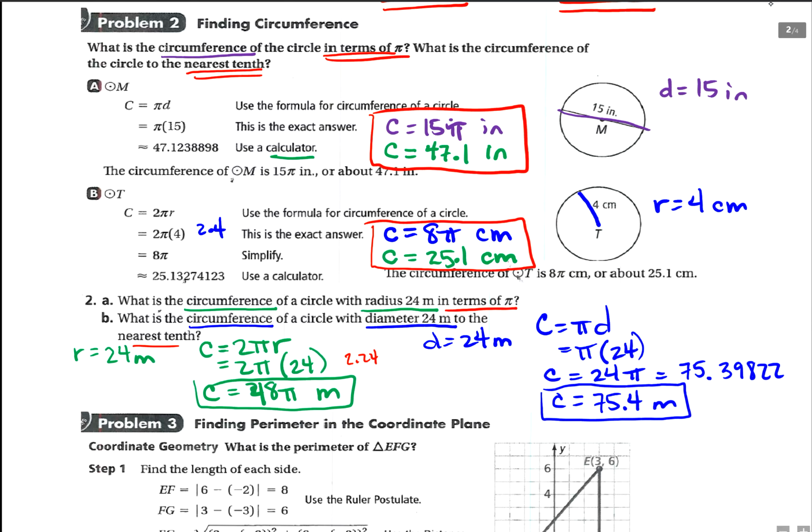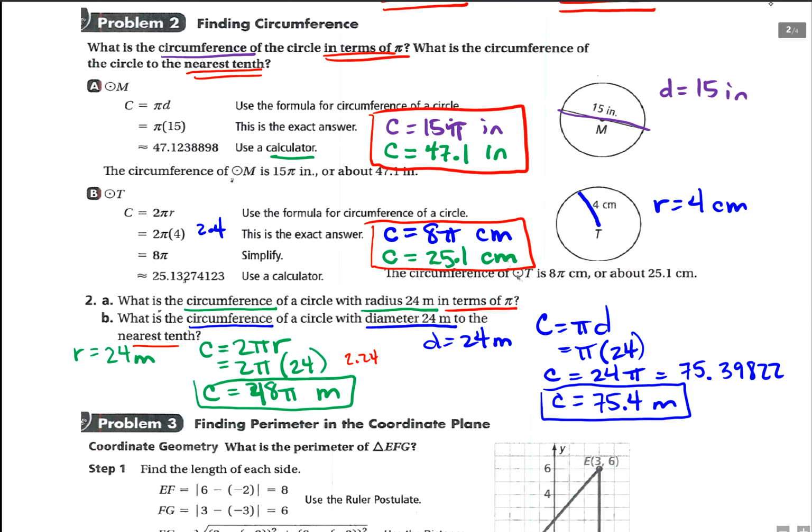Right? In the next problem, I'm asked for the circumference of a circle with a diameter of 24 meters, and this time I want it to the nearest tenth. So I identify diameter is 24 meters. I use my formula. Circumference is pi d. I substitute in my 24.